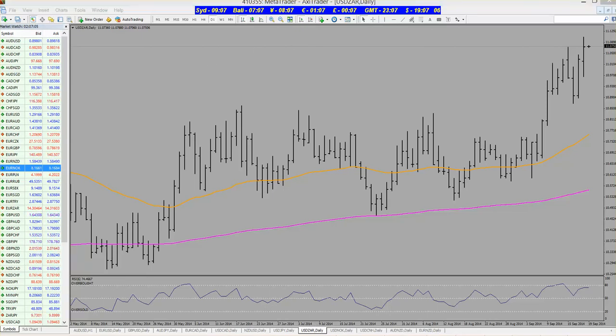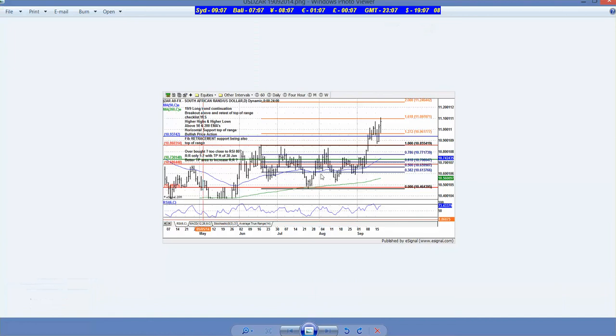We have a question on that. Trend long, trend continuation. Breakout above and retested at the top of the range. Yep. Checklist: higher highs above the moving averages, horizontal support, bullish price action, Fib retracement support.